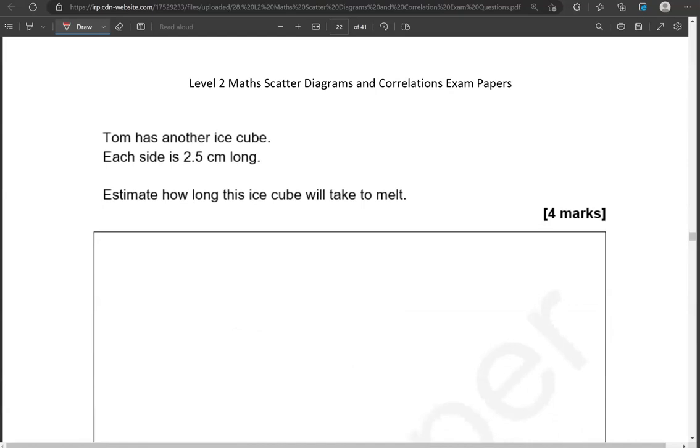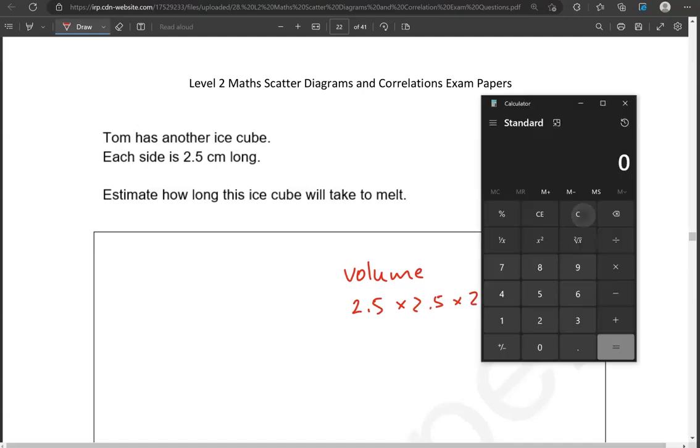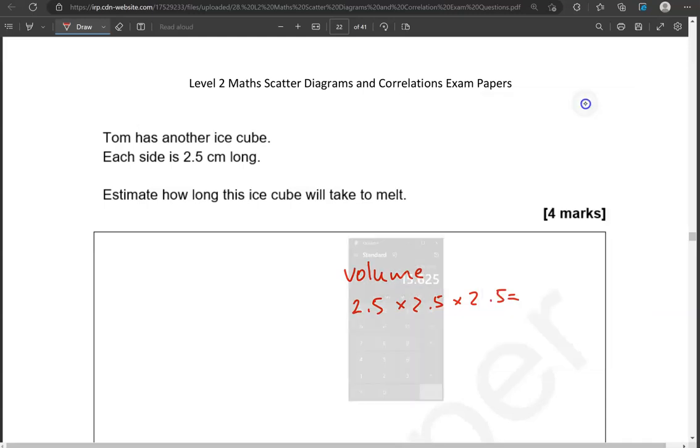So volume, we can work out by doing 2.5 times 2.5 times 2.5, which is 15.625 cubic centimeters.